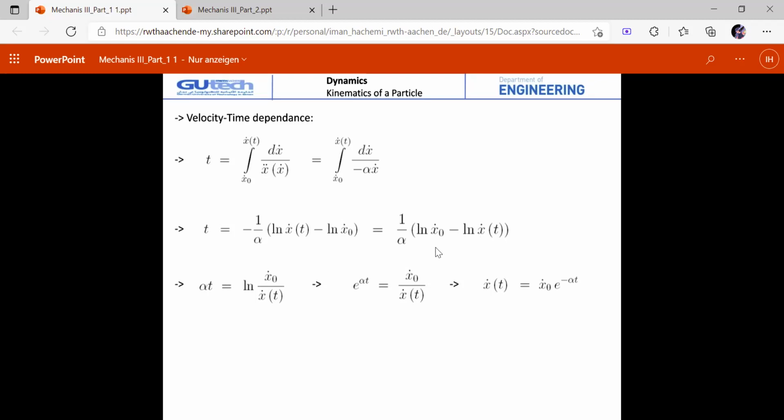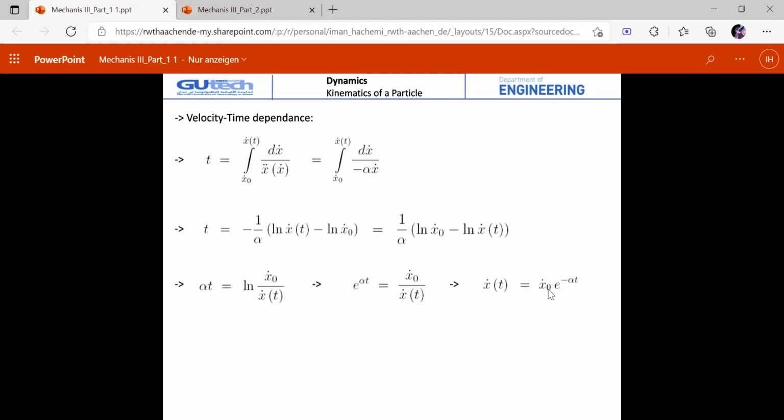That means if we decompose now, we get the known result for damping: the velocity with respect to time, which is time dependent, is x dot 0, the initial velocity, times exponential of minus alpha t.